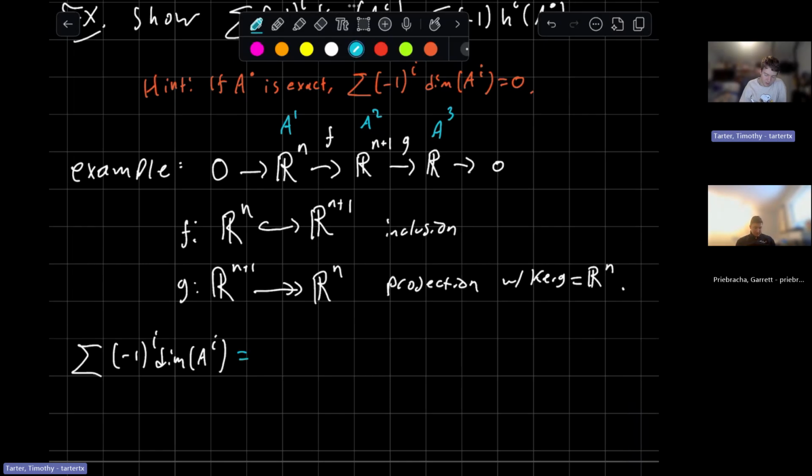So this is equal to (-1) to the 1 times the dimension of this vector space, which is n, plus 1 times n plus 1 minus 1. Oh, that's so cool. It is equal to minus n plus n plus 1 minus 1, which is equal to 0. Okay, that's pretty cool. That just works out like that. That's pretty freaking awesome.